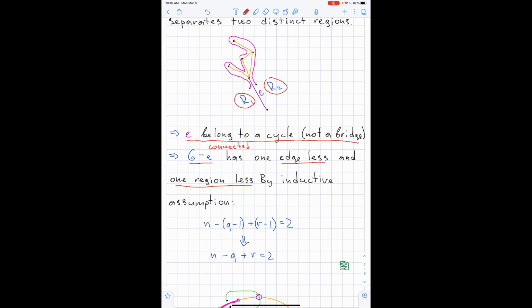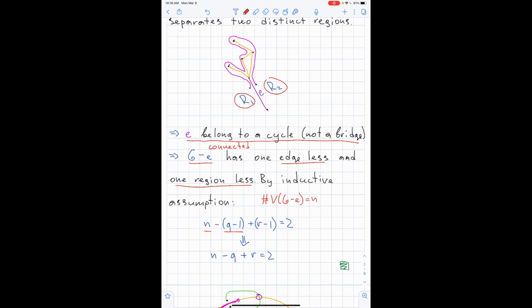So since we have fewer regions now, we can use the inductive assumption. By inductive assumption, Euler's formula holds for G without E. Let me write it here. The number of vertices in G without E is still n.